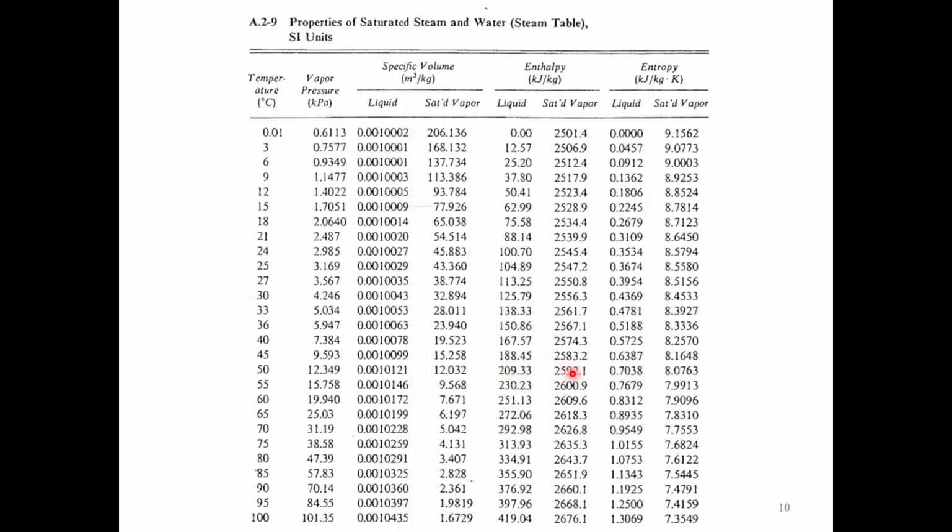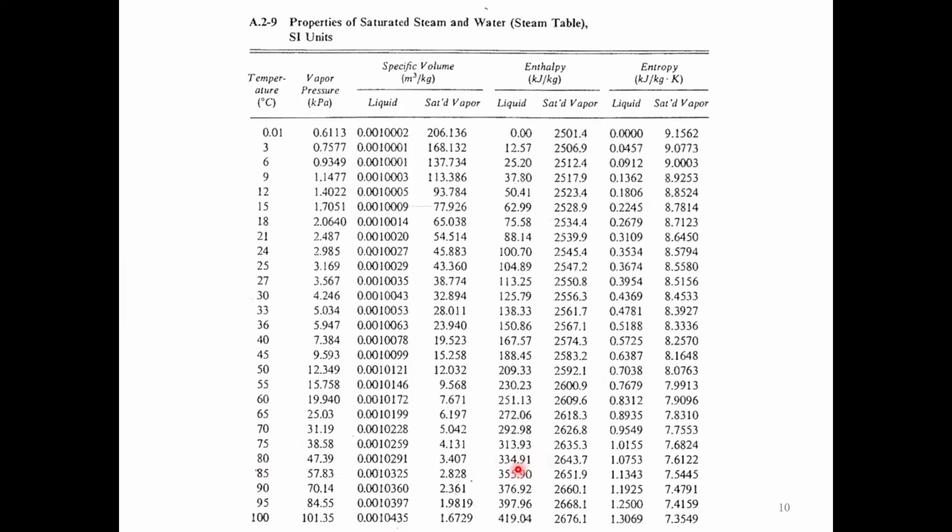And if you consider the liquid phase alone, if someone asks you how much energy is needed to raise its temperature from a T1, let's say 12, to a T2 that is 80, then what you have to do is fish out this number, 50.41. That was the energy of water at 12 degrees centigrade, and the energy of water at 80 is 334.